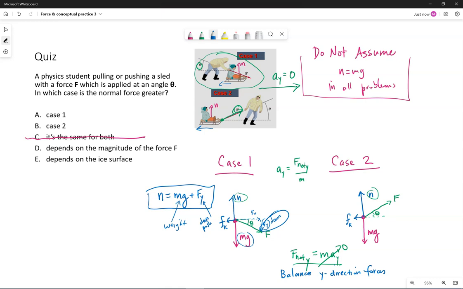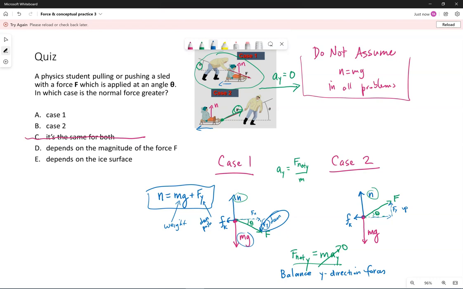Jumping to case 2, this force has x and y components as well. But this y component points up. So when we're balancing the forces, because there's no acceleration, the normal force and the y component of that pulling force are working together in the upward direction, and they are balancing out mg that's in the negative y direction.